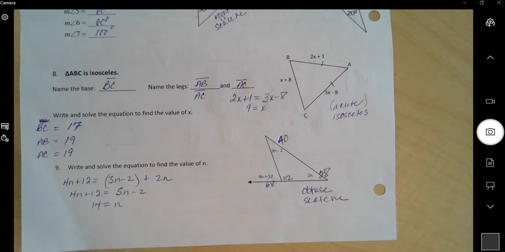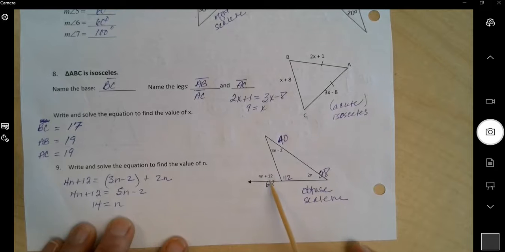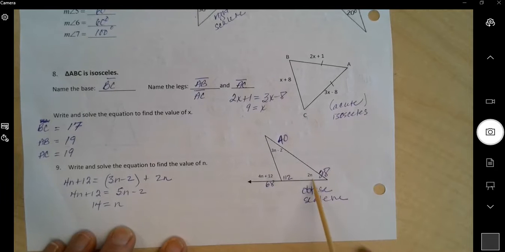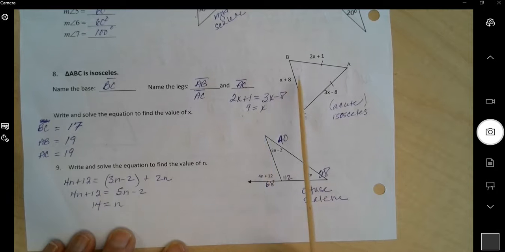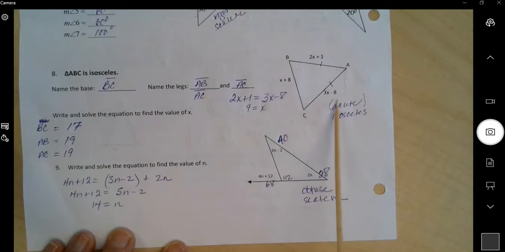Okay, write an equation to find the value of X. My exterior angle is equal to the sum of my two remote interior angles. How'd you get these measurements? Here's where I wrote and solved the equation and solved for X, and then I put that value of X in for BC, AB, and AC.